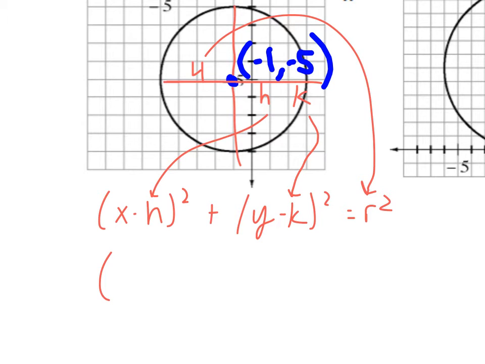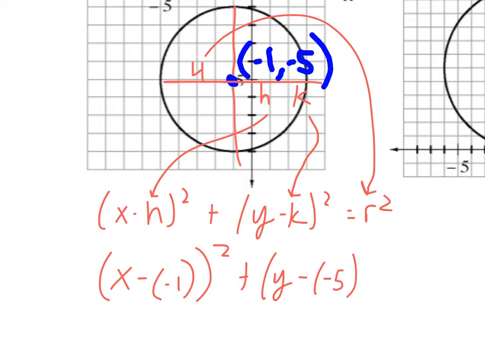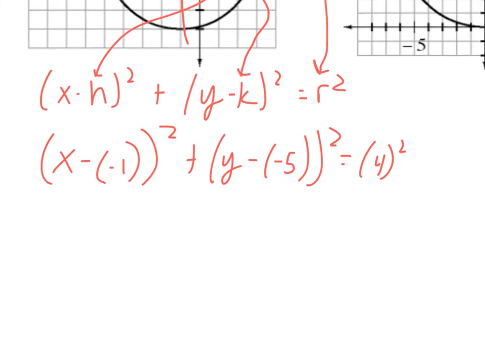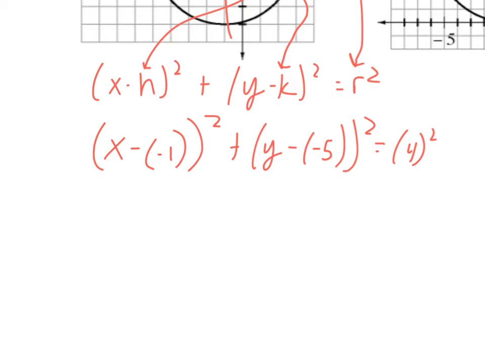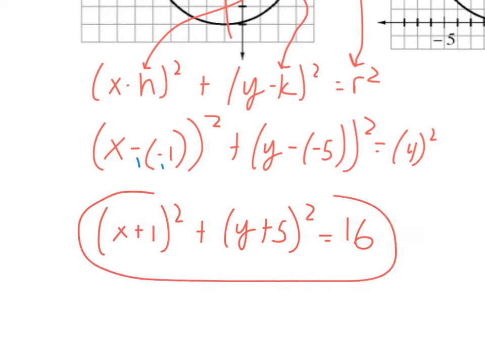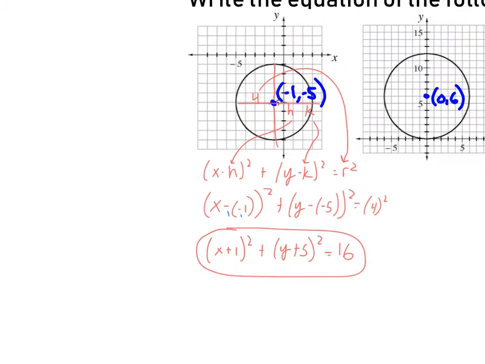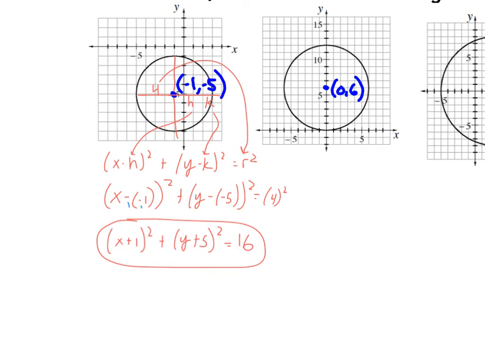So as I go to substitute those, I write x minus, now be careful, this is -1, x minus -1 squared plus y minus -5 squared equal to 4 squared. And in doing so, these two minus signs in the middle are going to simplify, and that's going to turn out to be x plus 1 squared plus y plus 5 squared equal to 16, and this would be the equation of my circle up above, centered at -1, -5, with a radius of 4.